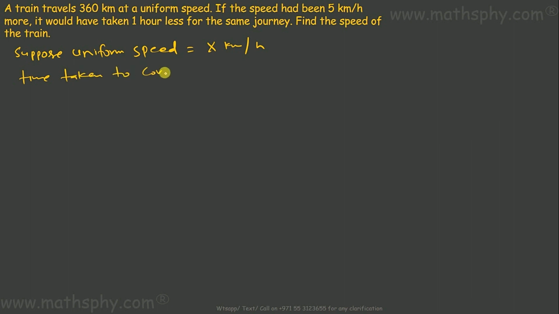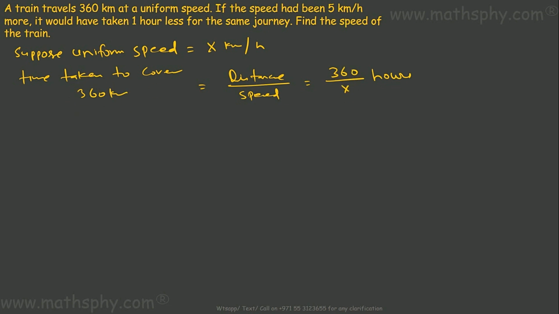time taken to cover 360 kilometers would be distance over speed. Distance is 360 kilometers and speed is x kilometers per hour. So that's the time in hours. At this speed, 360 kilometers will take 360 over x hours.